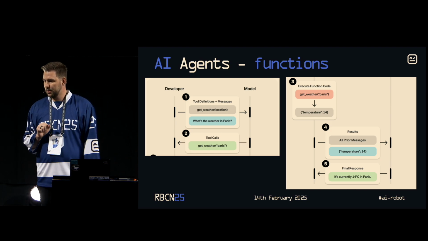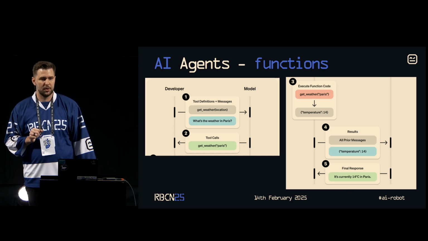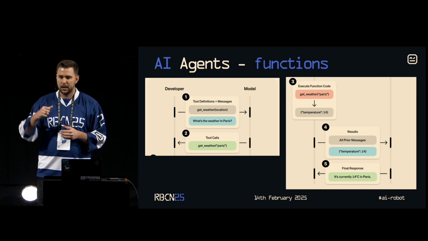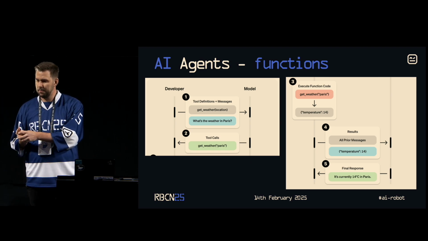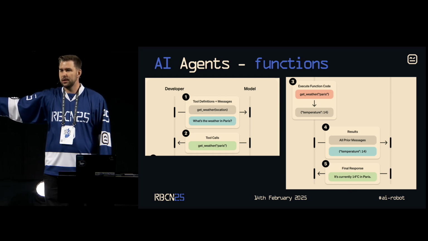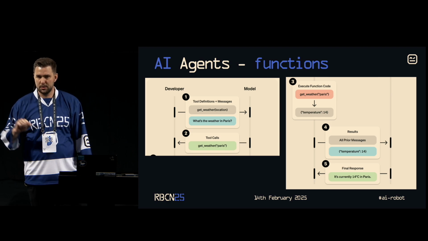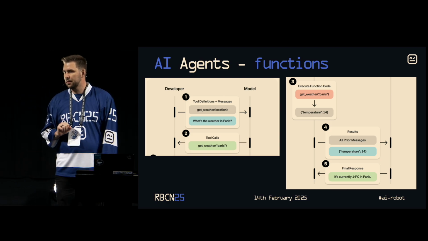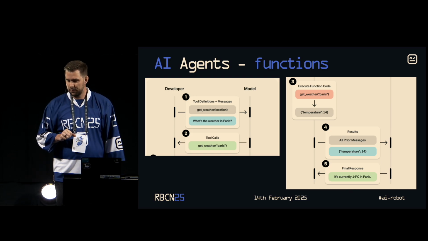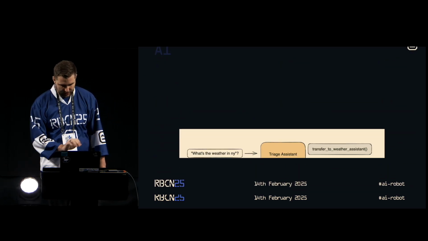So when the question comes and I receive a call to getWeather with Paris, I can run my code, so I can run some integration. I can ask on some web page. I get the data, and when I have the raw data, I send it back to the model. In this way, the model now knows the current, actual information, and can return a message back to the user. So it will say it's currently 14 degrees Celsius. We will try a similar thing soon with Helsinki.